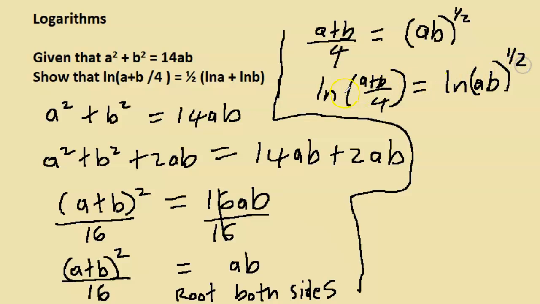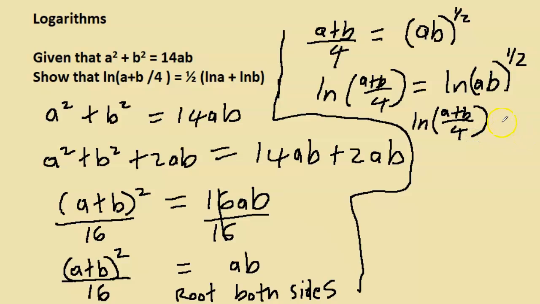Now let's try and make the right hand side look like what we have over here for the proof. So coming down here, this is ln of (a plus b) over 4, we don't need to trouble this, it's already how we want it for the proof.